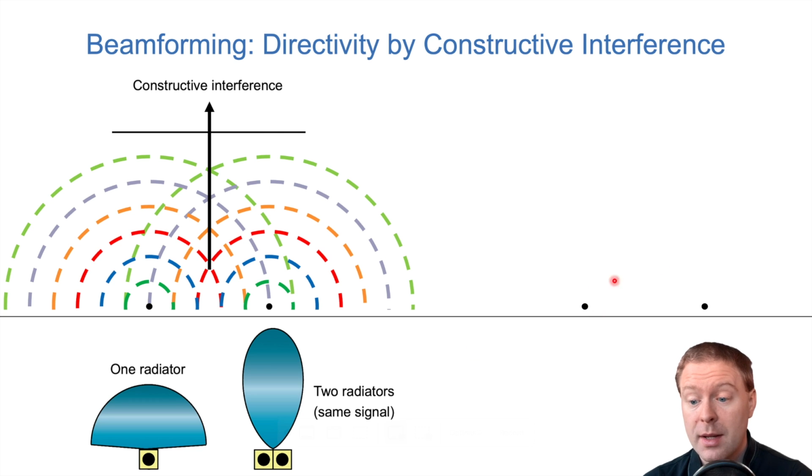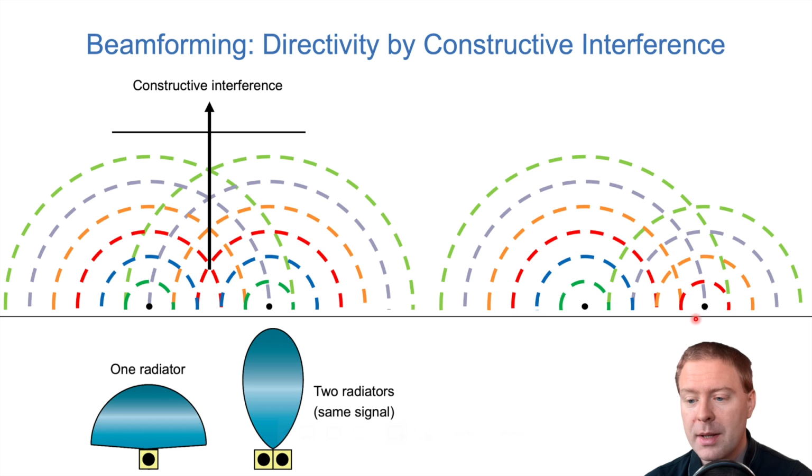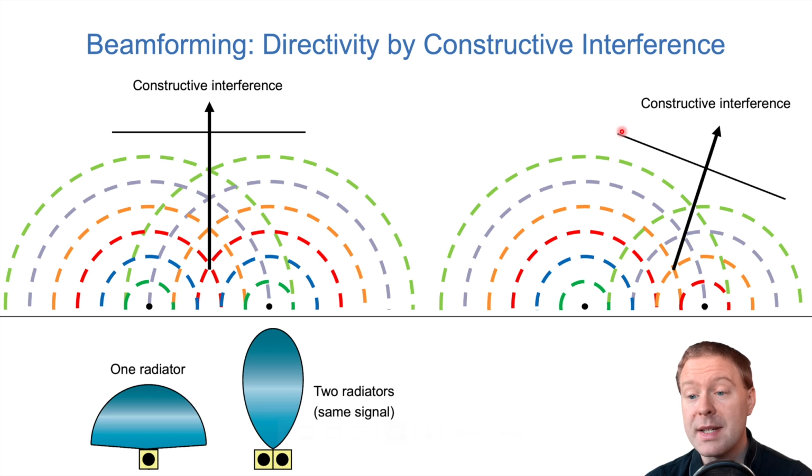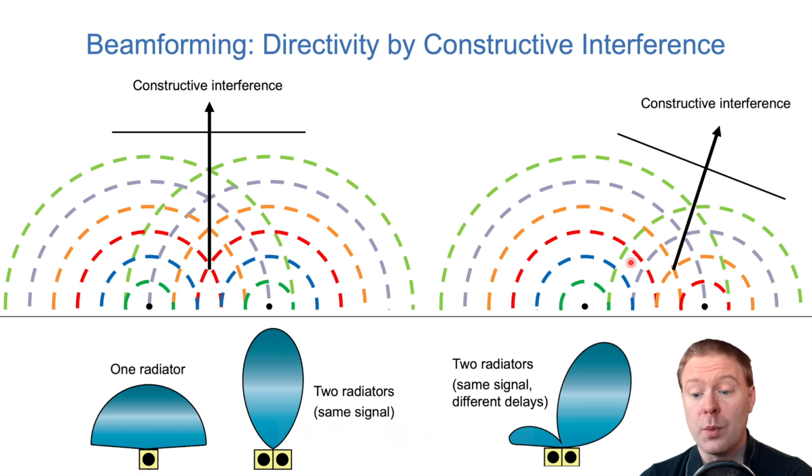Yes, we can. If we have these two antennas again, but now we let the right antenna transmit with a slight delay, then this is what will happen. The signal that have left the right antenna will have not propagate as far. So the green one are intersecting here, the gray here, the orange here, and so on. And this is sort of illustrating that it is in this direction that you will see the constructive interference. So once again, we are transmitting the same signal from both the antennas, but with a small delay.